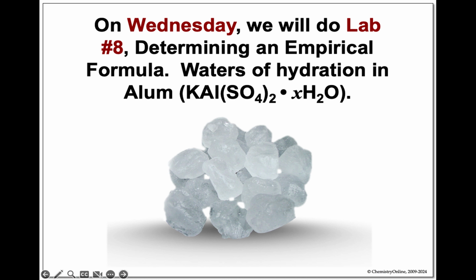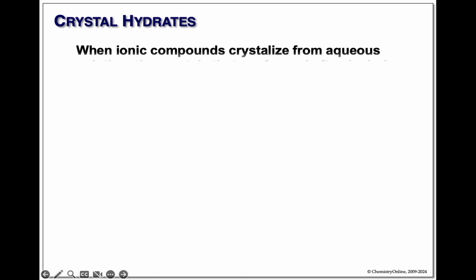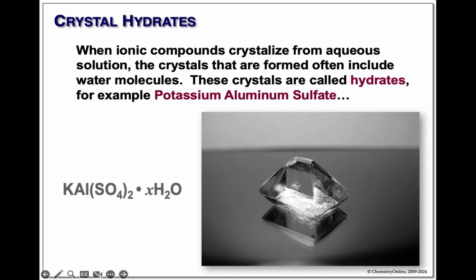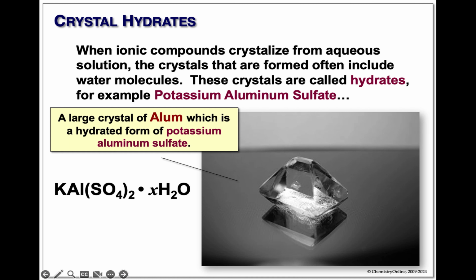Potassium alum can exist in various hydration states. This is what it looks like. This is also what it looks like. Beautiful crystals you can get out of the thing. But again, you can have different amounts of water, of hydration in the crystal. It depends on the conditions that you crystallize it.